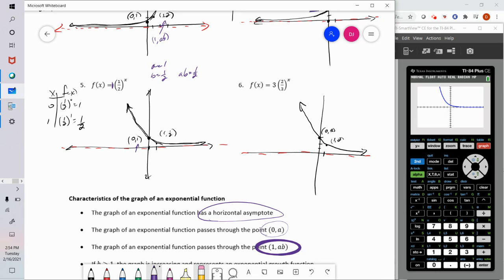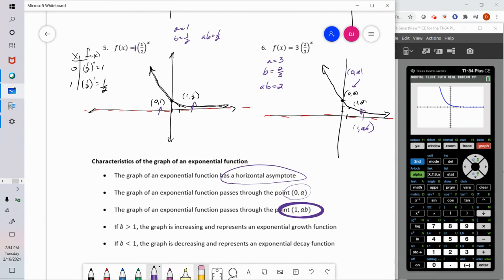Notice we have the point (0, 1) and the point (1, 1/2). In number 6, our a value is 3, our b value is 2/3, so ab would be 2. Here's the point (0, a), and here's the point (1, ab). It's going to work every time.